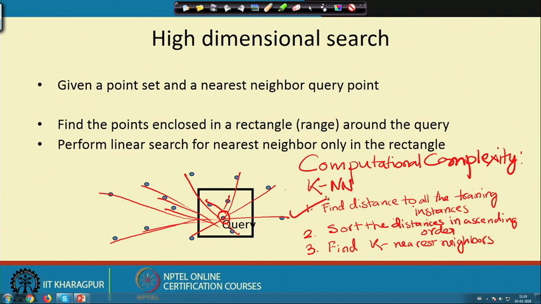This step as well as this step is computationally complex.